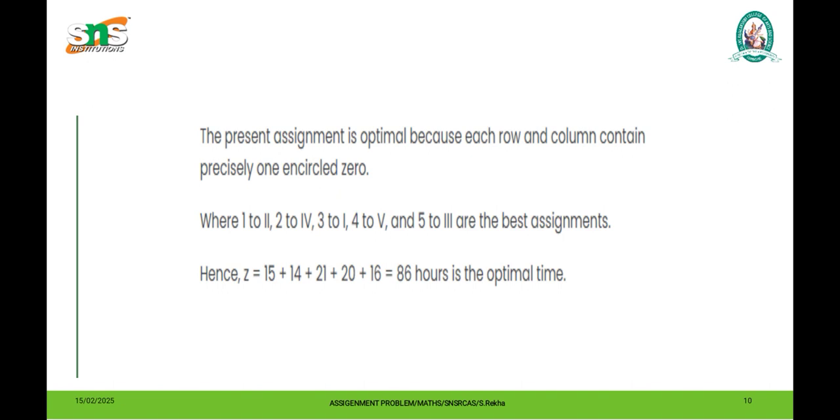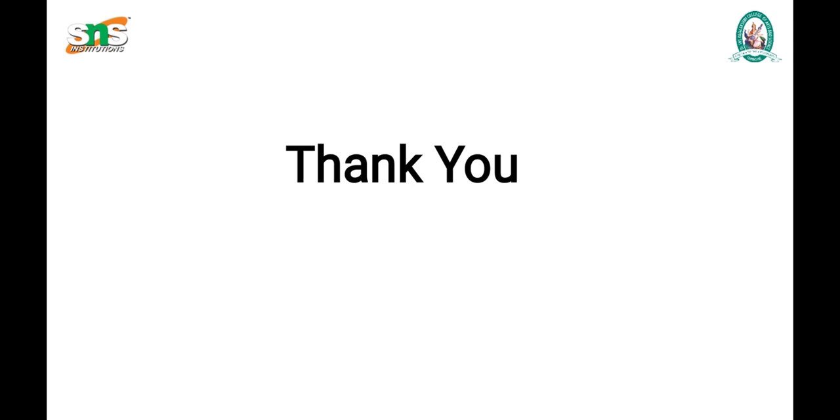Taking the original assignment values available in the original table and adding all the values, totally 86 hours will be needed to complete the assigned work. So this is the optimal time. Thank you for watching this.